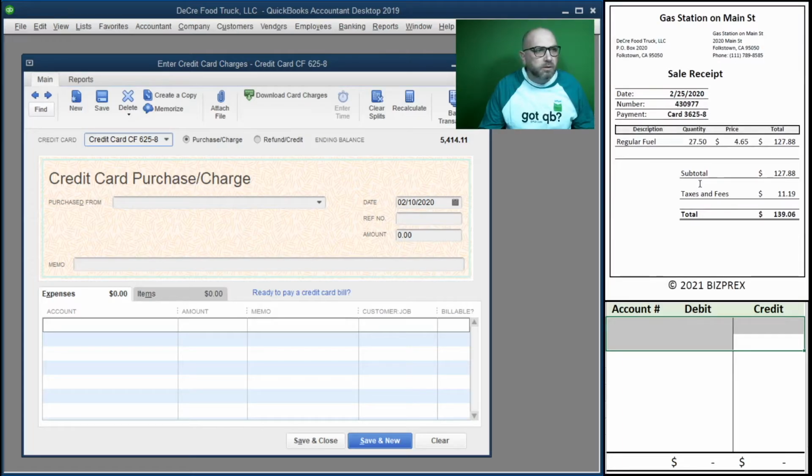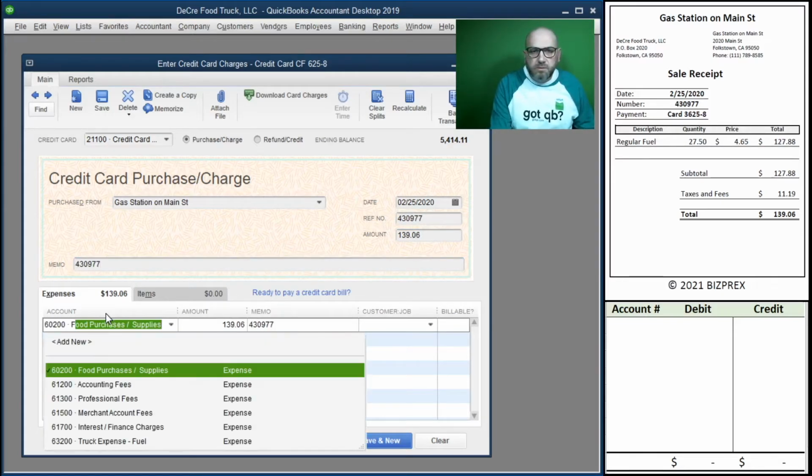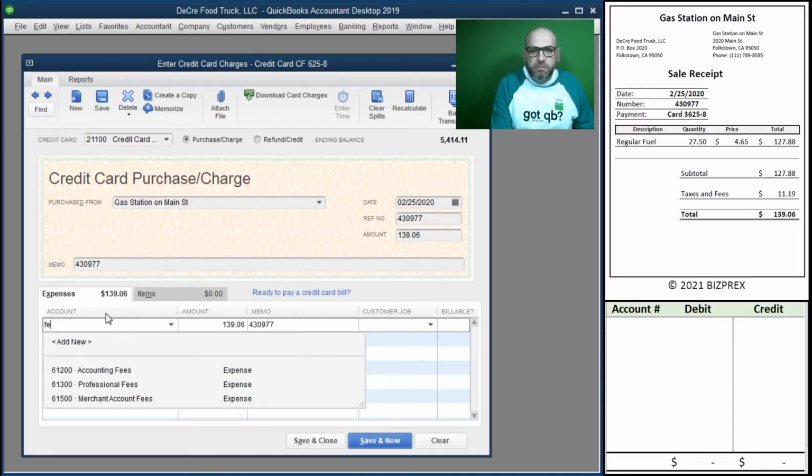Again, we got another gasoline receipt right here. Okay, that's again our fuel.